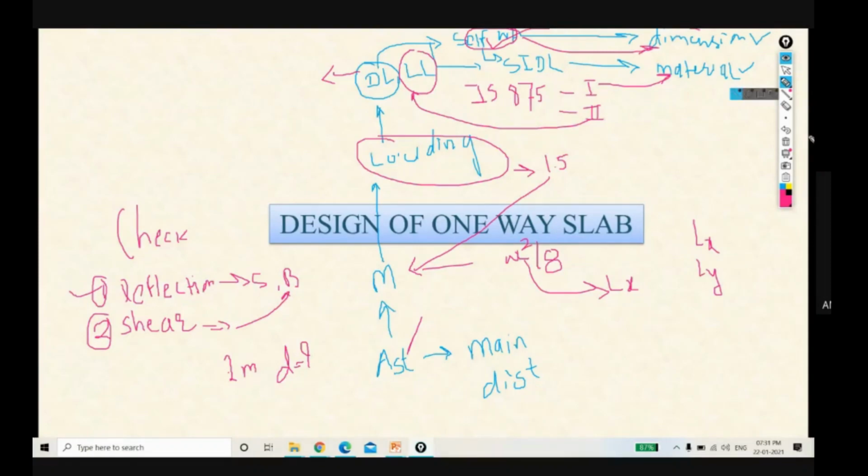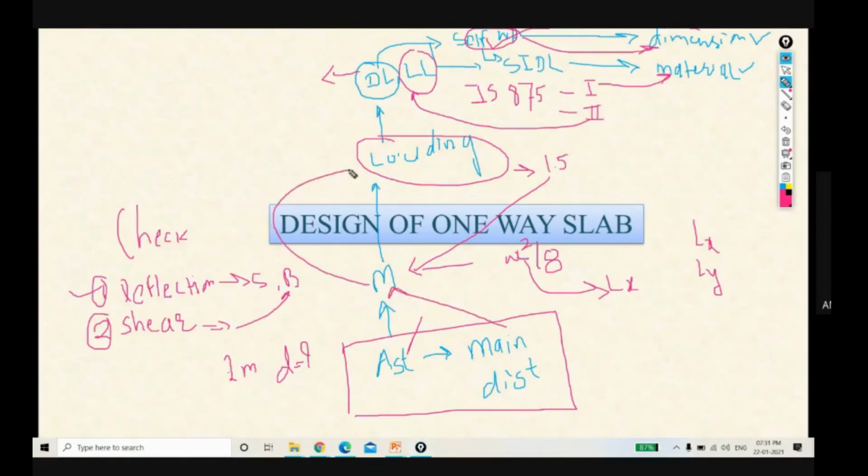So again I repeat, the main thing is to calculate the main reinforcement and the distribution steel. Main reinforcement depends on the bending moment, which depends on the loading. Two types of loading are there: dead load and live load. Dead load is again divided into two types, self weight and additional dead load.